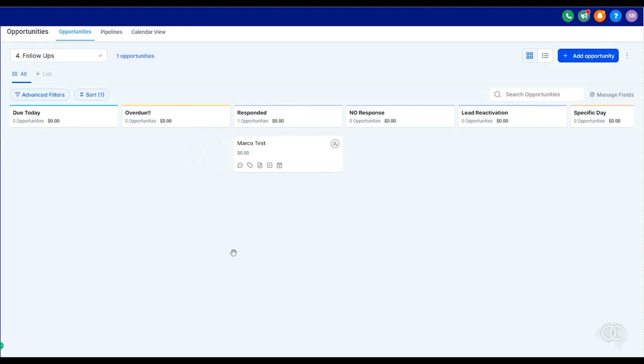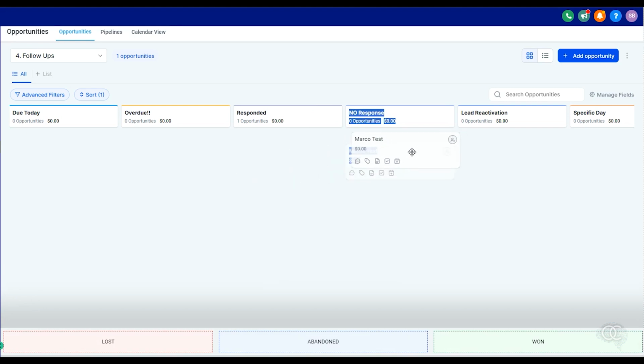Now, the no response stage is for those leads that have generated a response, but it's a negative. I'm not interested. I don't want it. The system will automatically keep their information and add it to this stage.